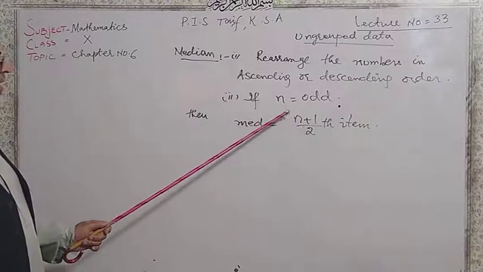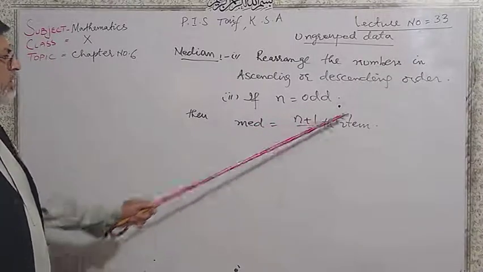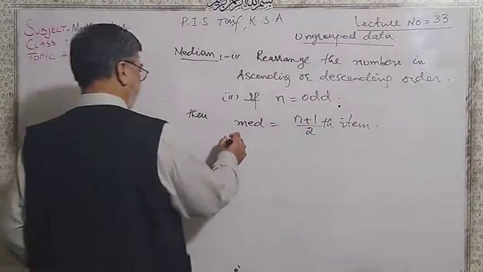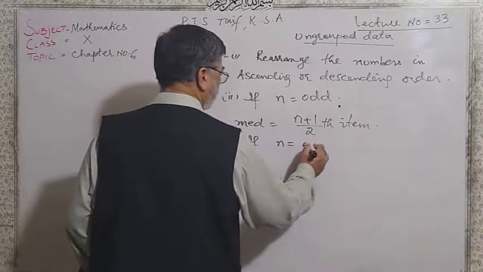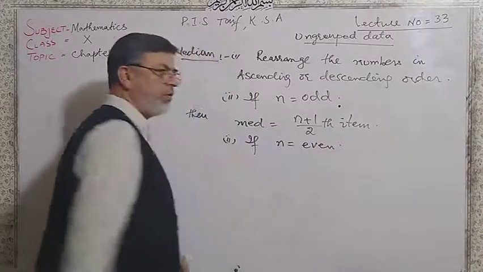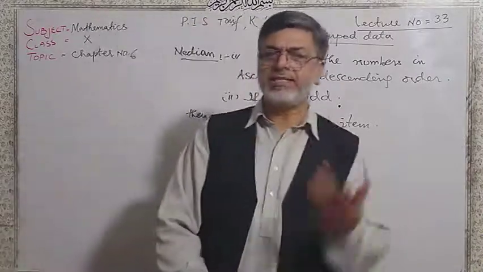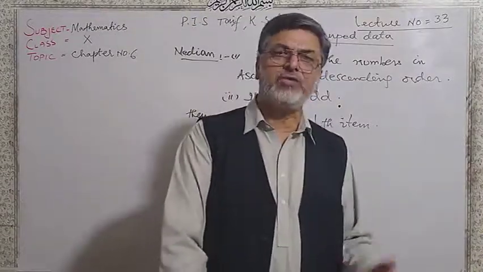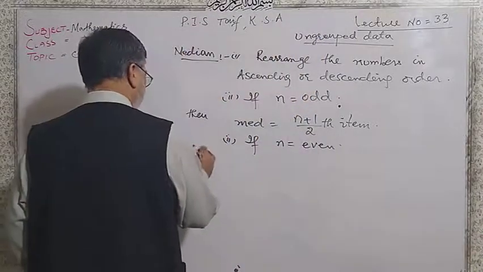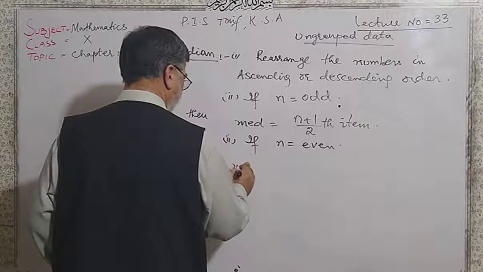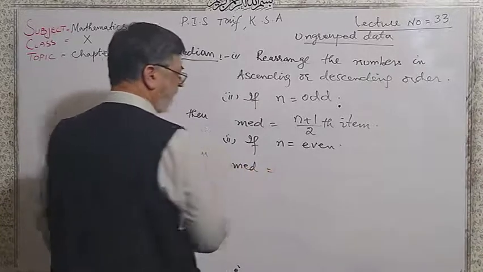Median will be (n plus 1) over 2th item. And the second possibility is that if n is even, you have an even number of terms, for example 6, 8, 10, 12, 14, 16, then you will apply the formula for even.